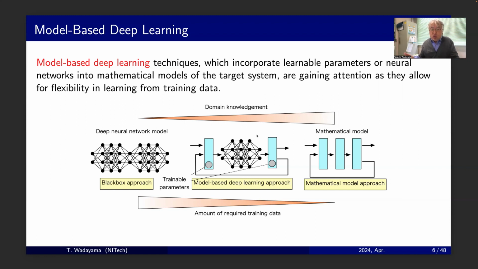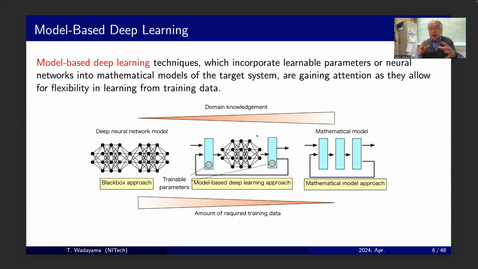Such a model requires a smaller amount of training data compared with the black box approach illustrated at the left-hand side of this figure. Because the number of trainable parameters is so small, you see, in the case of the black box approach, we need a neural network with many trainable parameters.